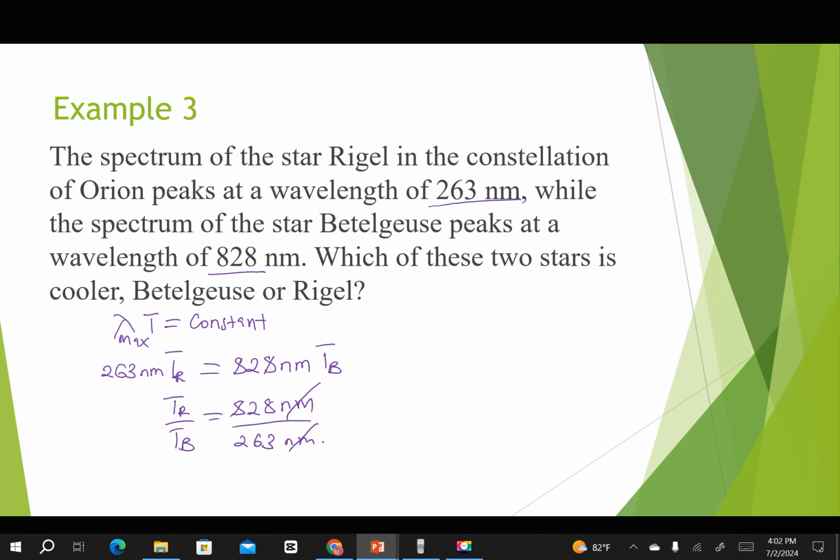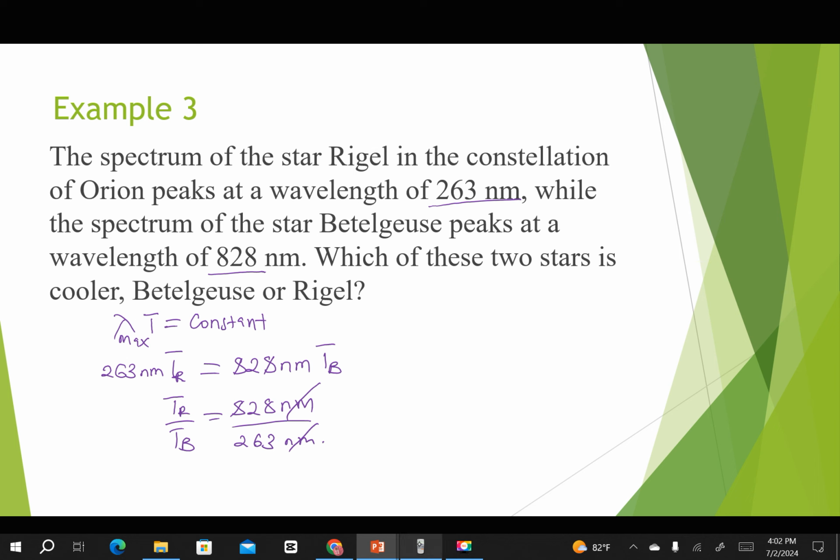The question is which of the two stars is cooler. So Rigel is going to be hotter because when you look at the fraction, it means the temperature of Rigel is 828 over 263 times the temperature of Betelgeuse. That means Rigel's temperature is a certain number of times bigger than the temperature of Betelgeuse.